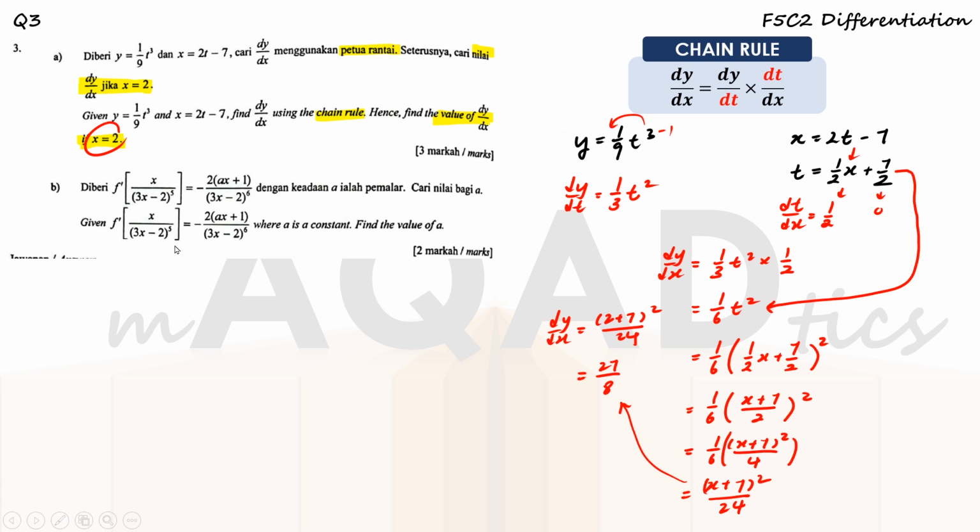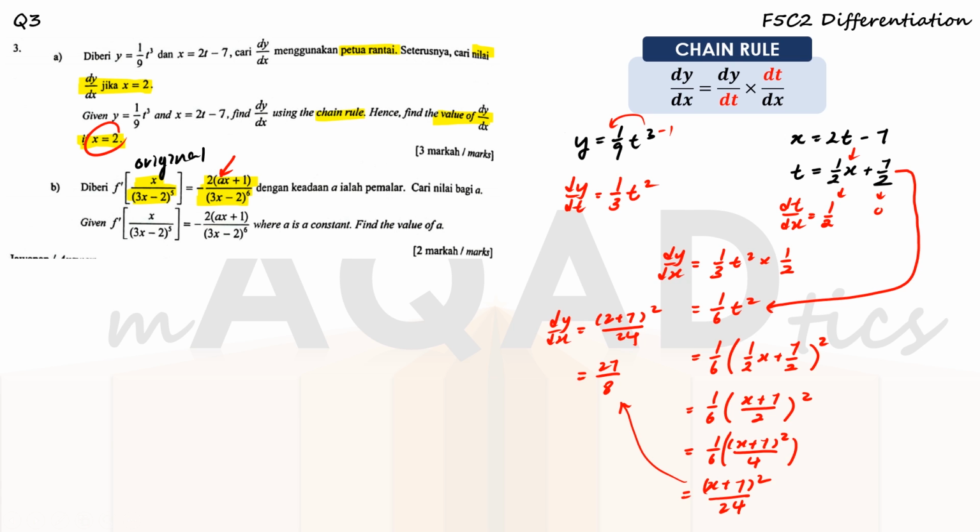And for part B, we have this equation, and we need to find the value of a, which is here. Okay, so this is actually not very complicated. We need to understand part by part what each of the values means. This part inside this bracket is actually the original function.